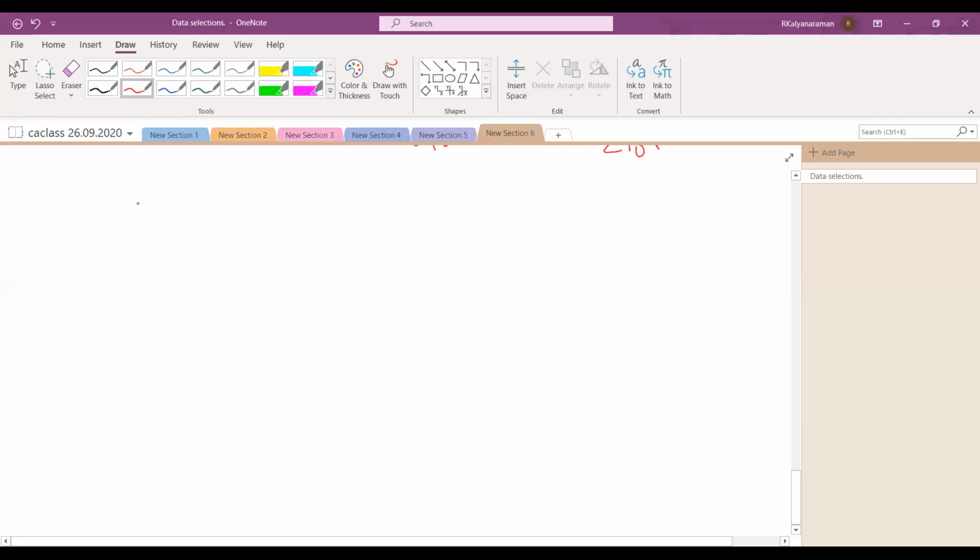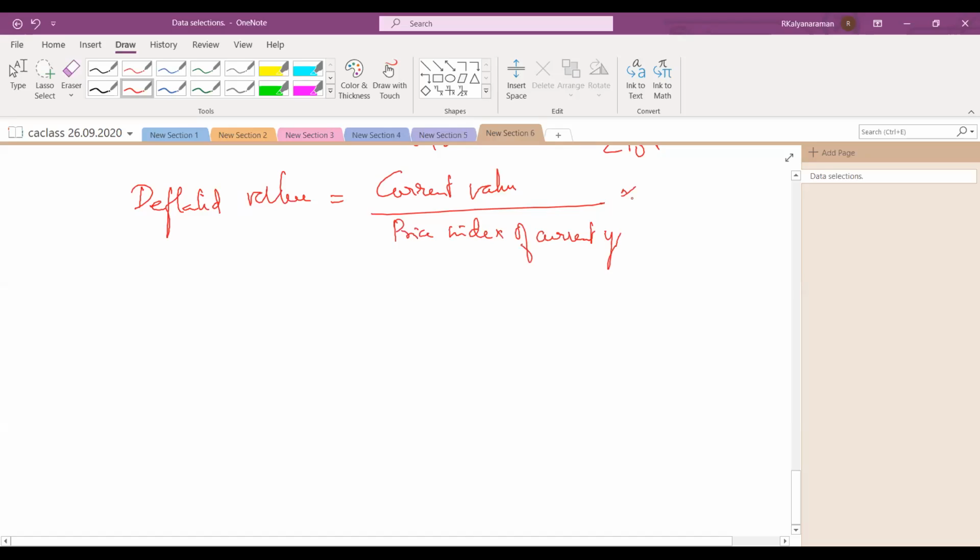So we can say the formula is: deflated value, that is the actual value of money, is equal to current value by price index of the current year into 100. I hope all of you understand this.